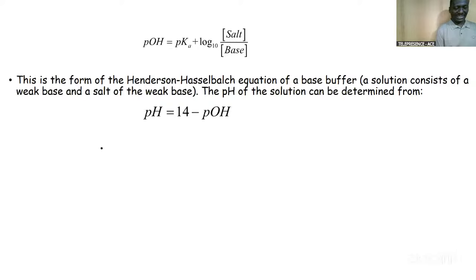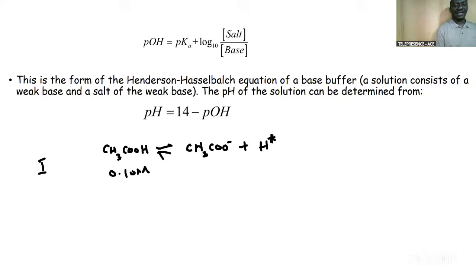Now, this is what we are saying. Let's assume we are looking at acetic acid. I'm writing it again. Acetic acid in equilibrium with the acetate ion plus hydrogen ion. Now let's say we have 0.1 molar of acetic acid initially. So we put I here. Initially, we have 0.10 molar of this. Now we are not going to have anything here, we're not going to have anything here.